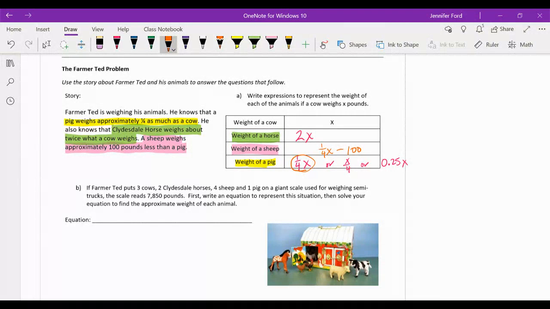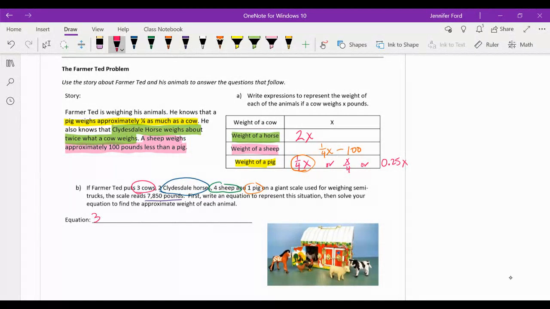All right. So we've got 3 cows, 2 Clydesdale horses, 4 sheep, and 1 pig, and all of them together read 7,850 pounds.